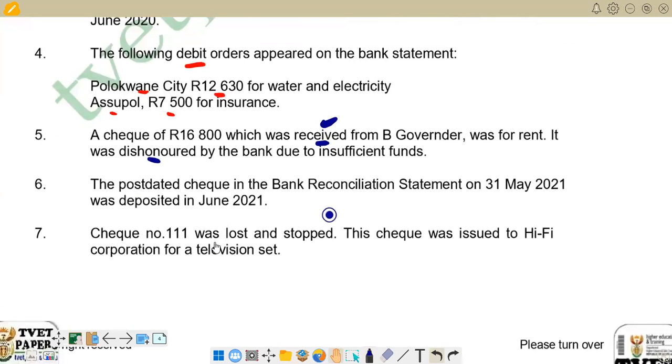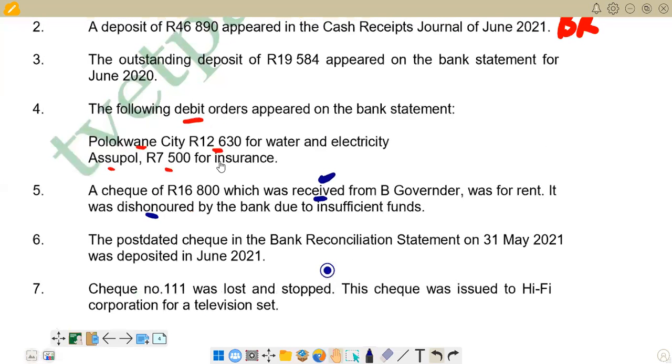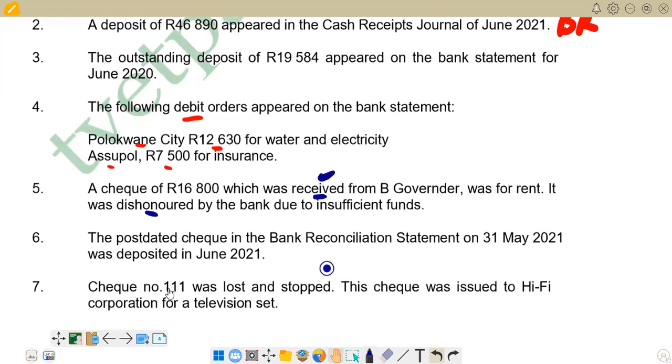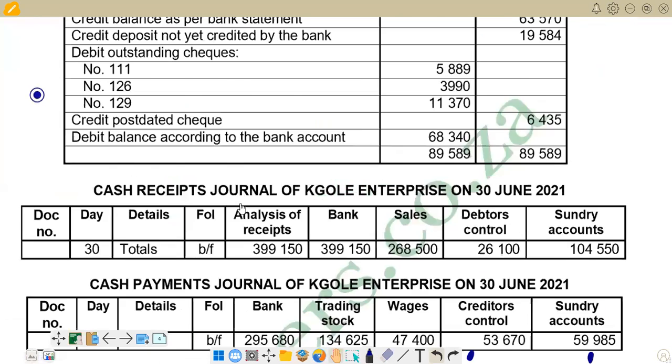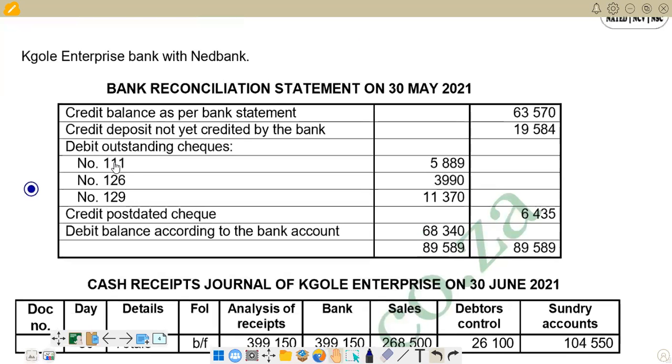Check number 111 was lost and stopped. This check was issued to Hi-Fi Corporation for a television set. So we go to the previous bank reconciliation statement, where we're going to find this check number which was lost and stopped. Check number 111 is here, 5,889.